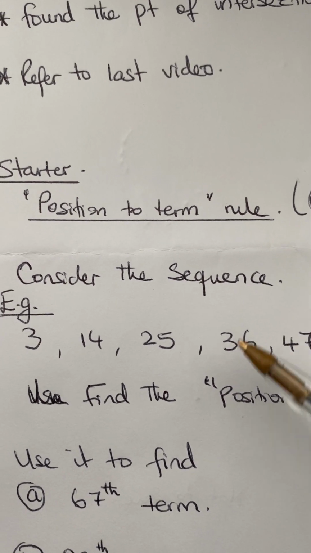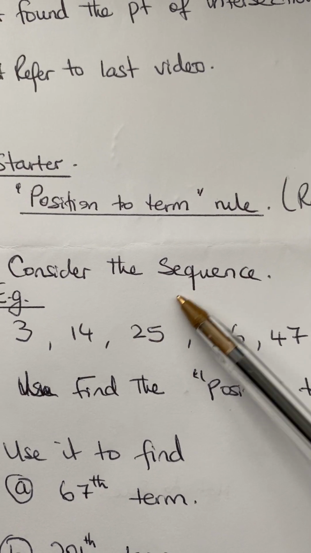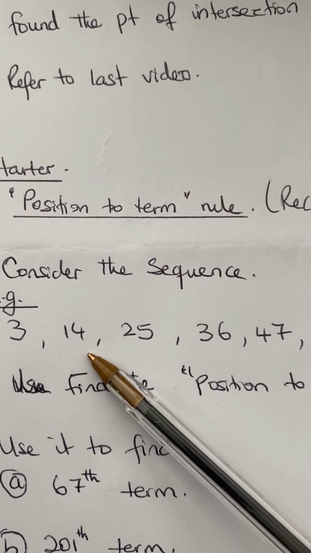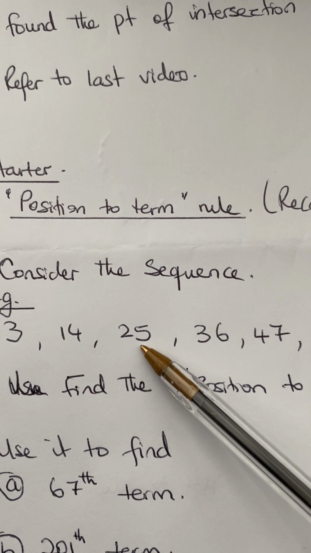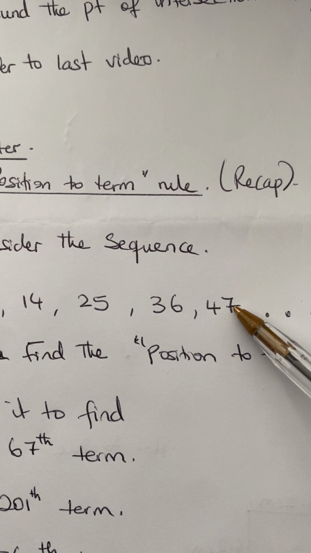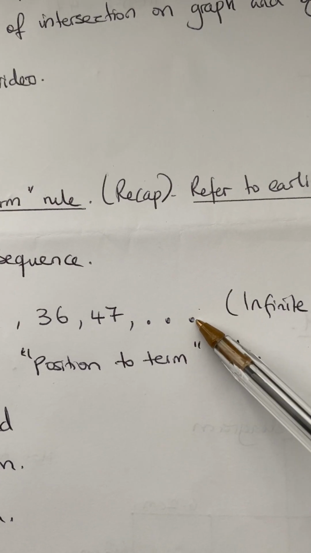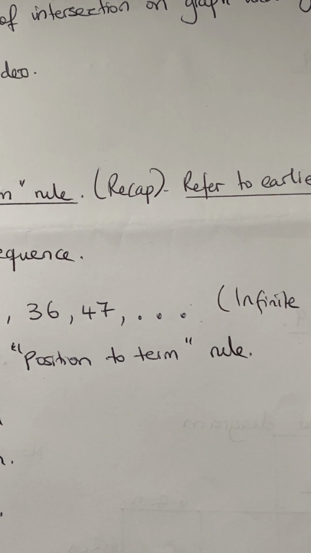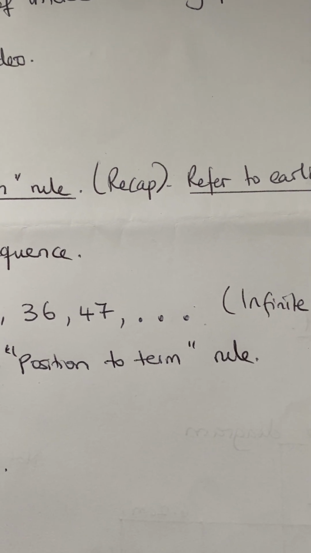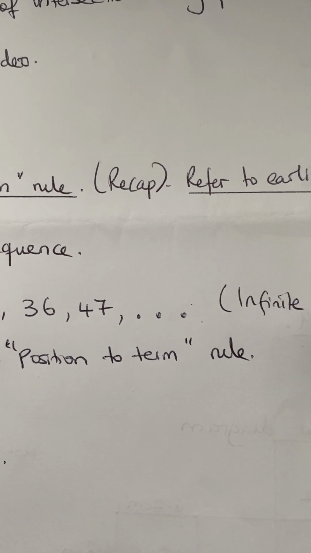So our starter today, we want to consider the sequence 3, 14, 25, 36, 47, and then three dots. The three dots mean that it continues forever, so it's an infinite sequence.